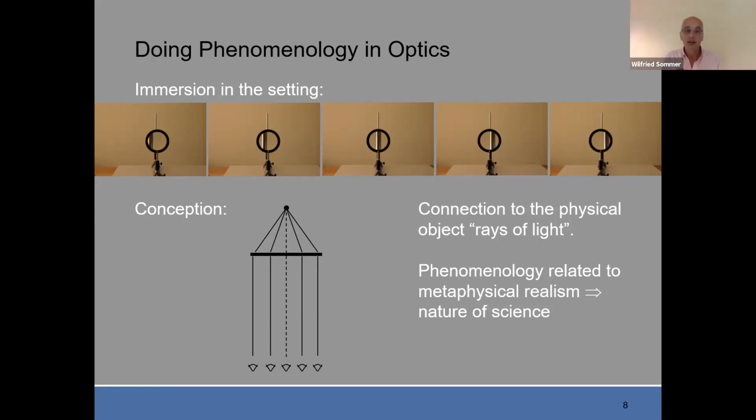And so if you have the impression that a model might explain something, then you realize that it can explain something in a very specific philosophical framing, in the framing of a metaphysical realism. And so they get an awareness of the nature of science.